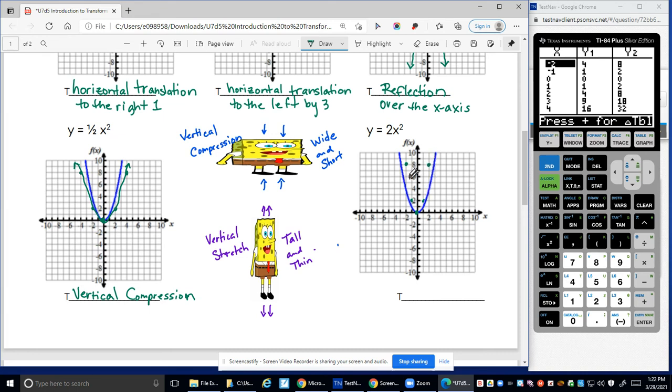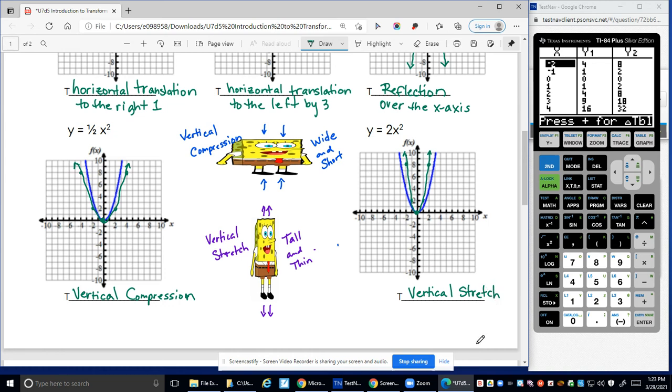All right, I'm going to draw this. Look how it's definitely looking a little thinner, right? Maybe even taller if we were to draw it completely out. And so this is what we call a vertical stretch.